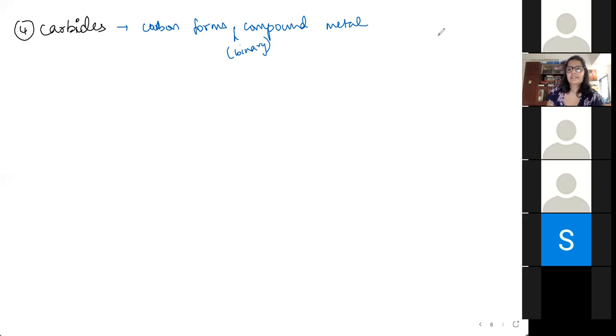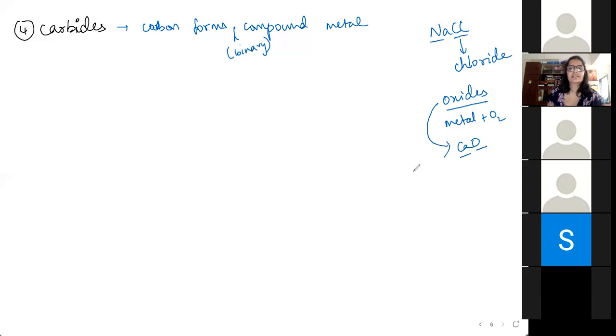Like just say if I have NaCl, there is metal and there is chlorine. So we call it a chloride. Similarly, when we say oxides, it's basically metal plus oxygen. It's like CaO, it's metal and oxygen. So this is an oxide. Similarly, when you say carbide, it's just carbon plus metal.